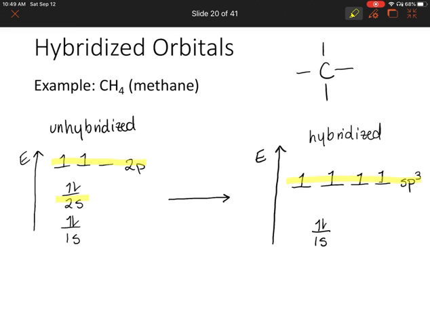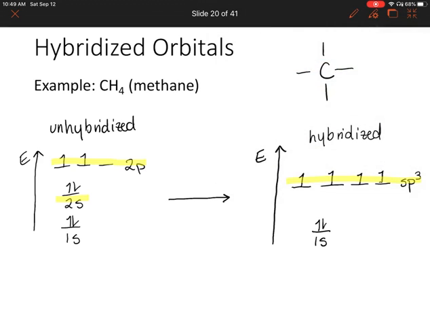Okay. Now, those sp3 orbitals are going to have an energy somewhere between the 2s and the 2p orbitals. So I tried to show that here. That's kind of in between the 2s and the 2p.